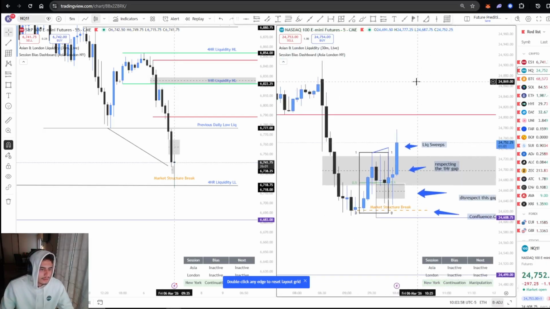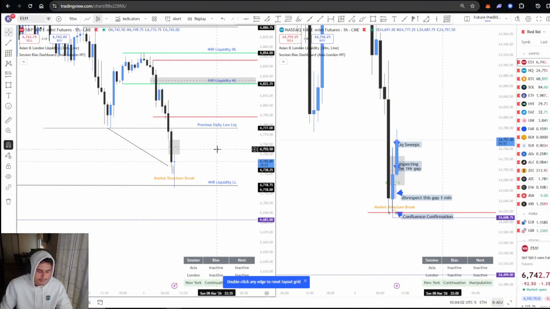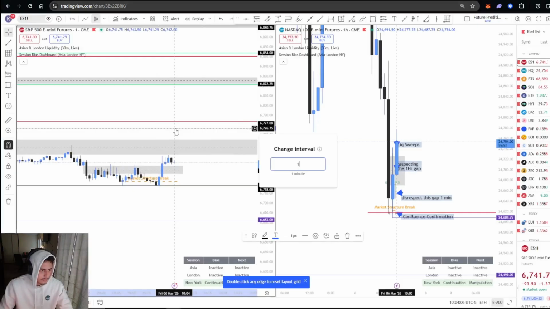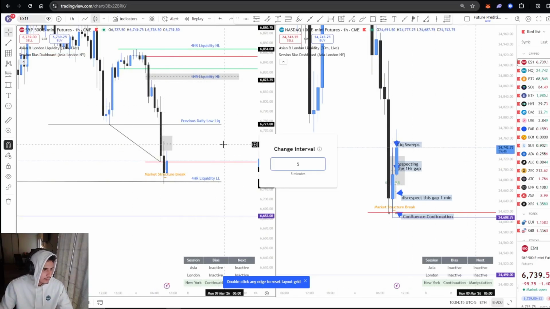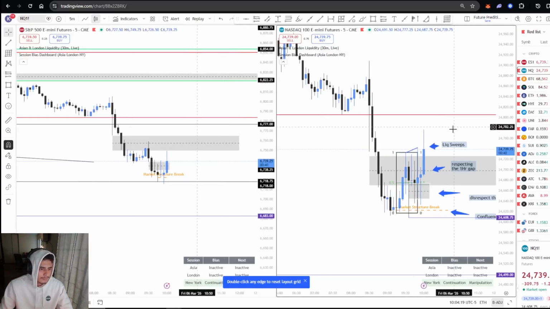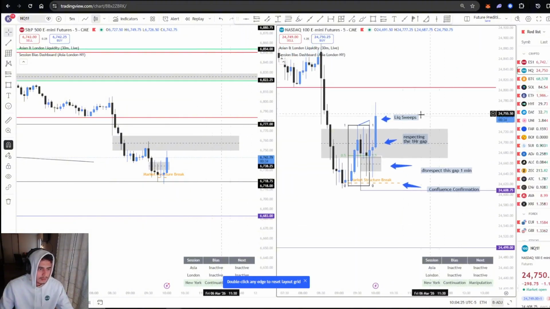So if anything, we want to see the same thing on ES. And if we don't take a trade today, that's perfectly fine. At least no trade is better than a loss.